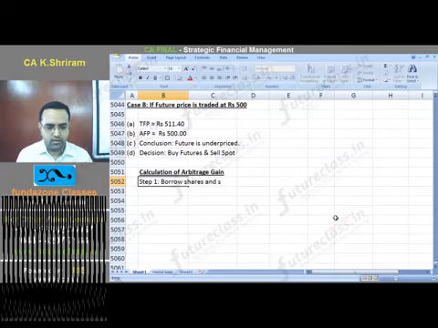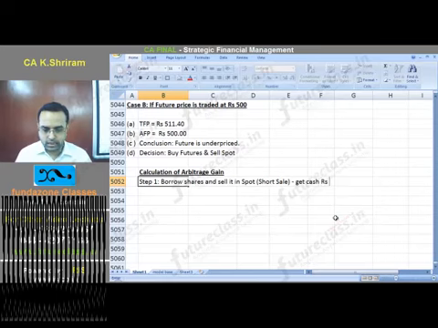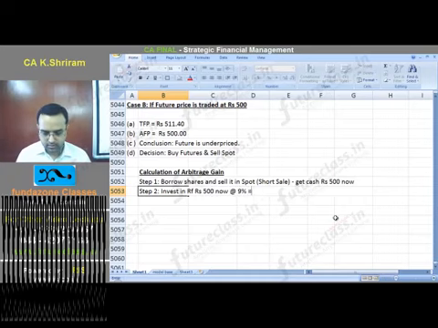Borrow shares and sell them in spot. Get cash. What is the spot rate? 500. Invest in RF, rupees 500 now at 9%.